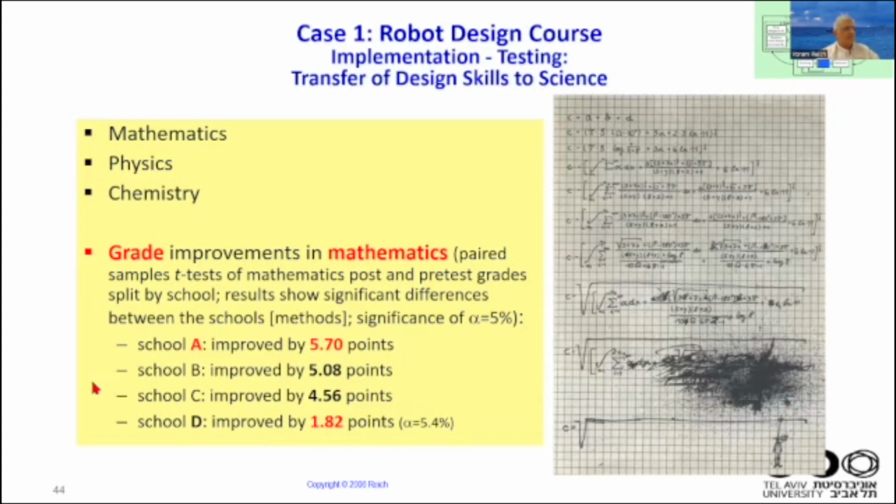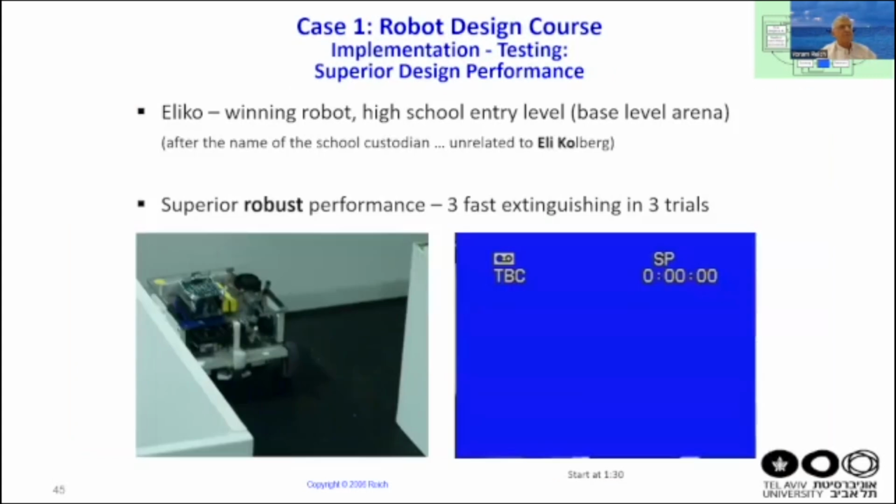I think this is fantastic because it's sort of reverse logic. We usually think that if we improve mathematics and physics, then we would get better designs. So it also operates in reverse if it's done properly.